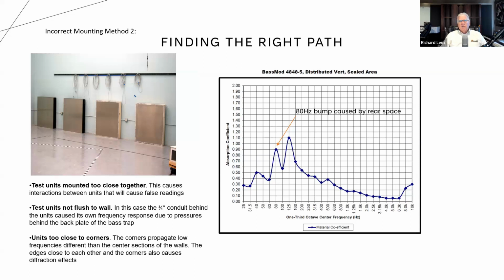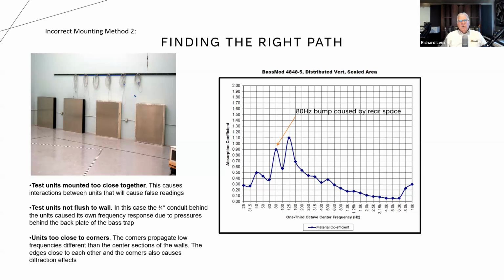Obviously, this is a thinner unit, and again, the thickness can make a difference in the center frequency, which is really where we concentrate. But also we see this 80 hertz bump. We see 2 bumps. There should not be 2 bumps in a diaphragmatic absorber, not to mention the third bump at a 0.5 at 40. All of these things start to make us go, why are we getting all this weird information out of these things?